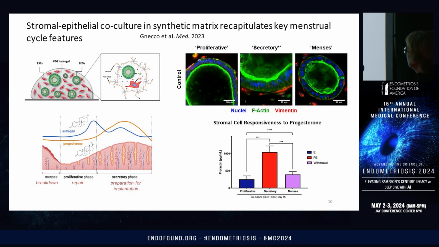This is an actin stain for the apical side of the epithelia. So the morphological features you can see here. And there were a lot of characterizations in this particular paper regarding production of various endometrial-specific molecules in inflammation and in a non-disease kind of state.